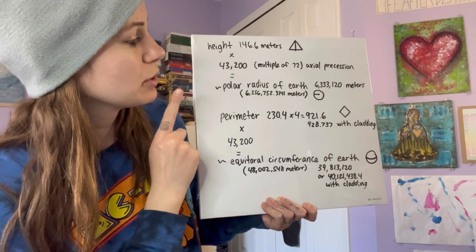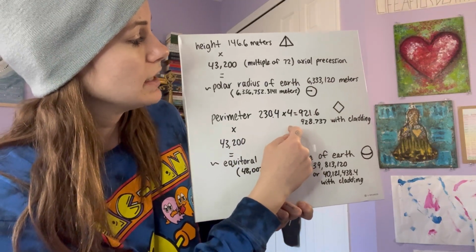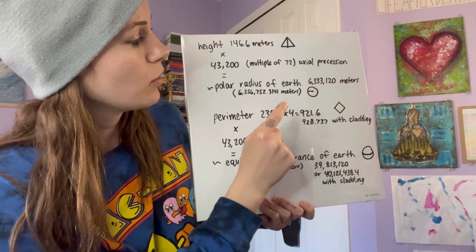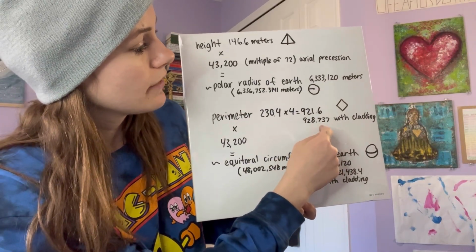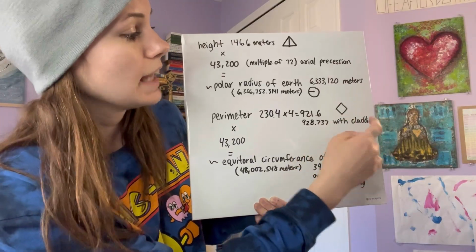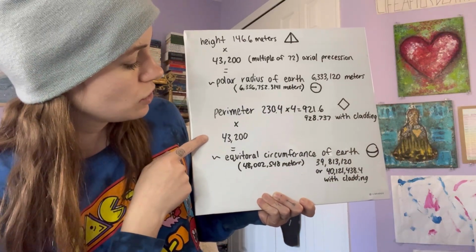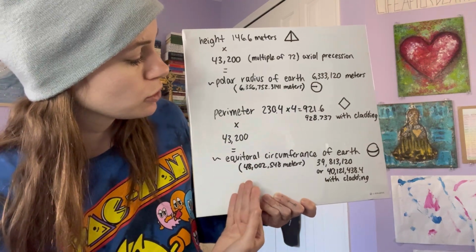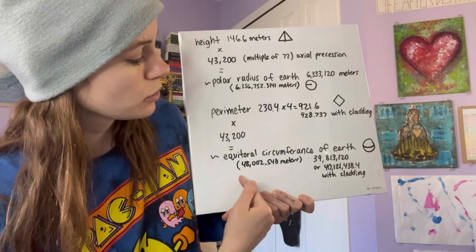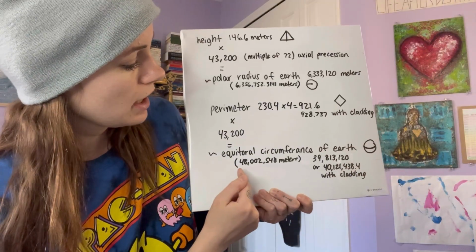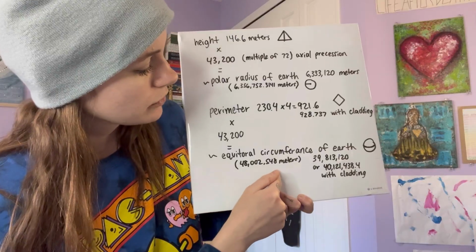Also, if you take the perimeter, you have the base, multiply it by 4 sides, you get 921.6 meters, 928.3 with the cladding around it. Multiply that by 43,200, you get the equatorial circumference of Earth, which the actual equatorial circumference of Earth is 48,002,548 meters.